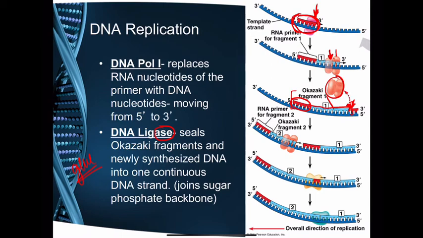Yeah, this here is our polymerase, and it's going to replace this primer right here with DNA, okay? And then this here is the ligase. This is the polymerase 1. And this is the ligase, and it's going to seal it all together, okay? Now, it's also going to replace this one too, but that just didn't show that part. It just showed this one step, okay? Going to seal it all together.